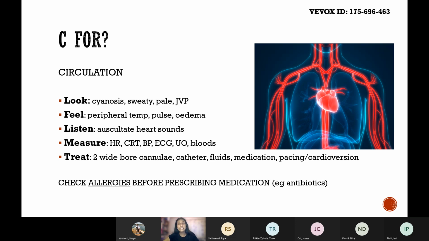What sorts of things would you be listening for? So we auscultated the lungs this time. What would you do for circulation?